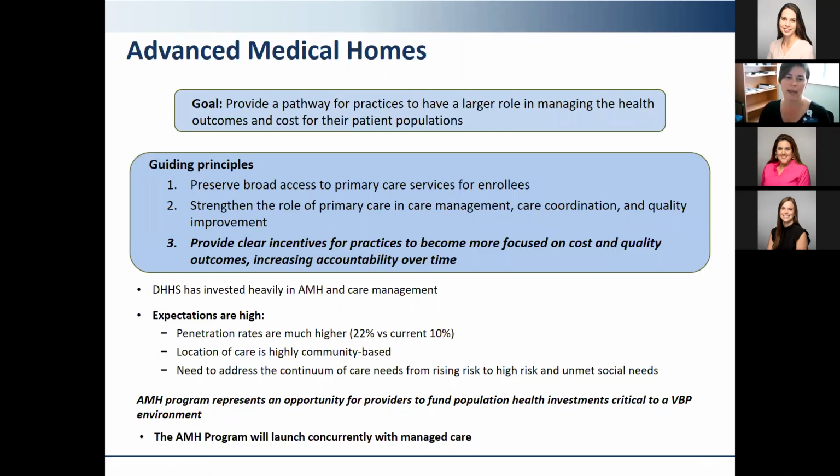This program aims to further strengthen the role of primary care in care management, care coordination, and quality improvement activities, and is really designed to provide a path for practices to become more focused on cost and quality outcomes with increasing accountability over time and less emphasis on fee-for-service.